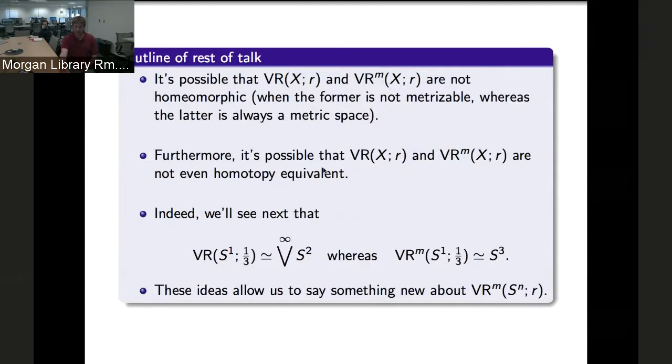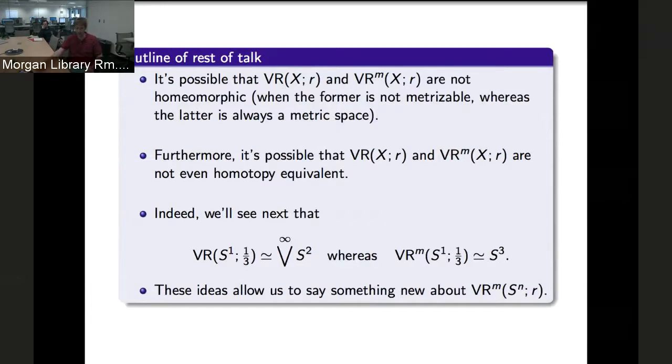Okay, but furthermore, it's possible that the Rips simplicial complex and the metric thickening are not even homotopy equivalent. In nice cases, they are homotopy equivalent, right? When you can apply Hausmann's theorem, they're both homotopy equivalent to this common manifold.